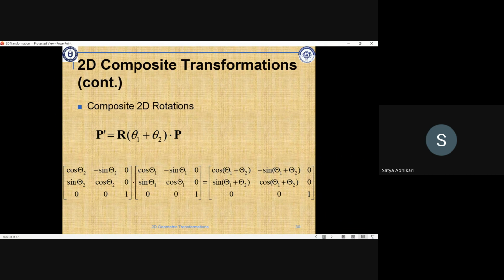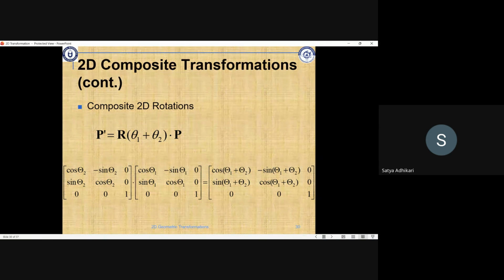You see here, first the matrix for theta 2 is applied, then theta 1. We need not perform this operation one by one. The two matrices are multiplied, so only theta 1 and theta 2 are added. It is cos of theta 1 plus theta 2.